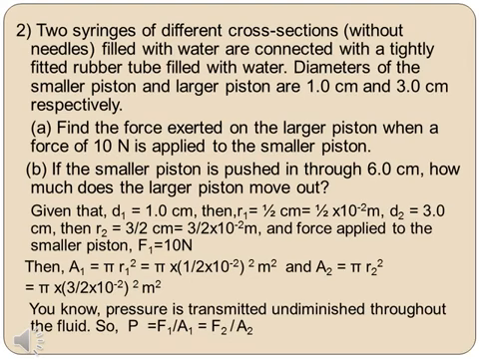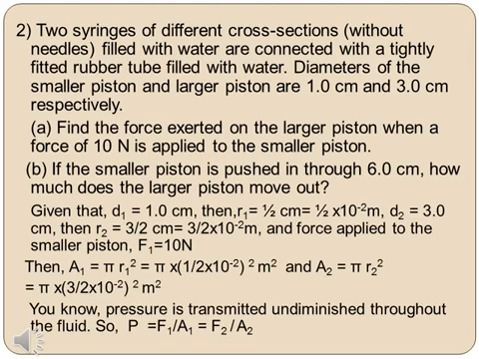Then we have to calculate the area of cross sections of these two pistons. The area of cross sections are A1 is equal to pi R1 square.